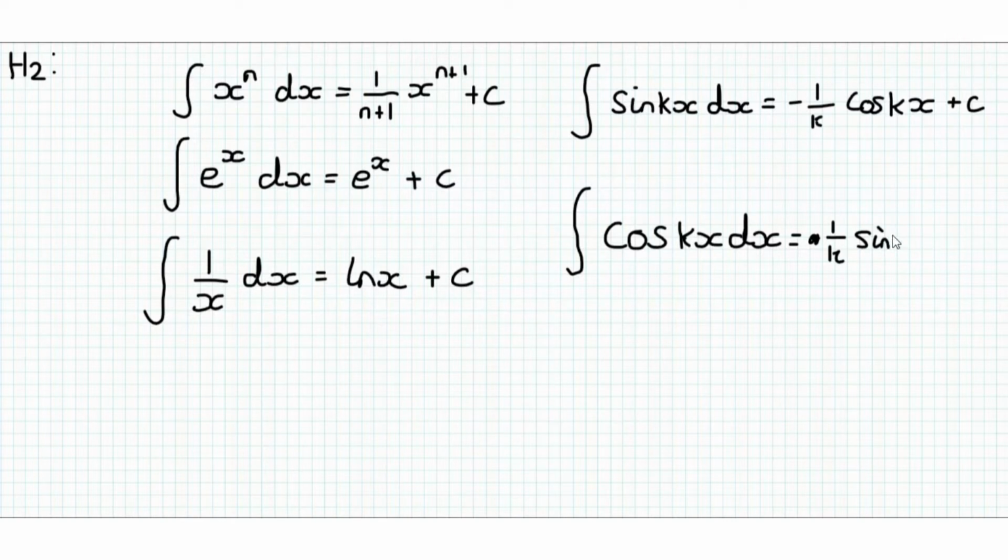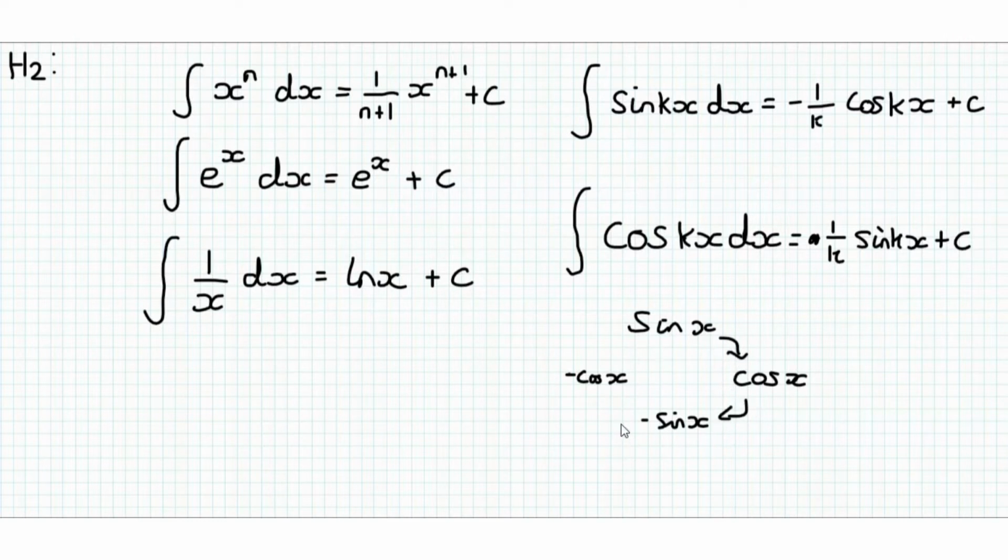And the way we remember this is we can go sin x, cos x, minus sin x, minus cos x, and this way is the differentials, so clockwise to differentiate, and then anti-clockwise on the integrals.